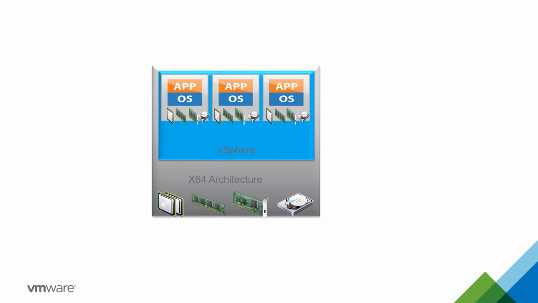If this is a multi-core CPU, I could abstract a single core out of it and provision it as a CPU to this VM. If there is 8 GB or 16 GB of RAM, a certain amount of that RAM can be abstracted and given as a virtual resource to this VM. Similarly, NIC and storage also.